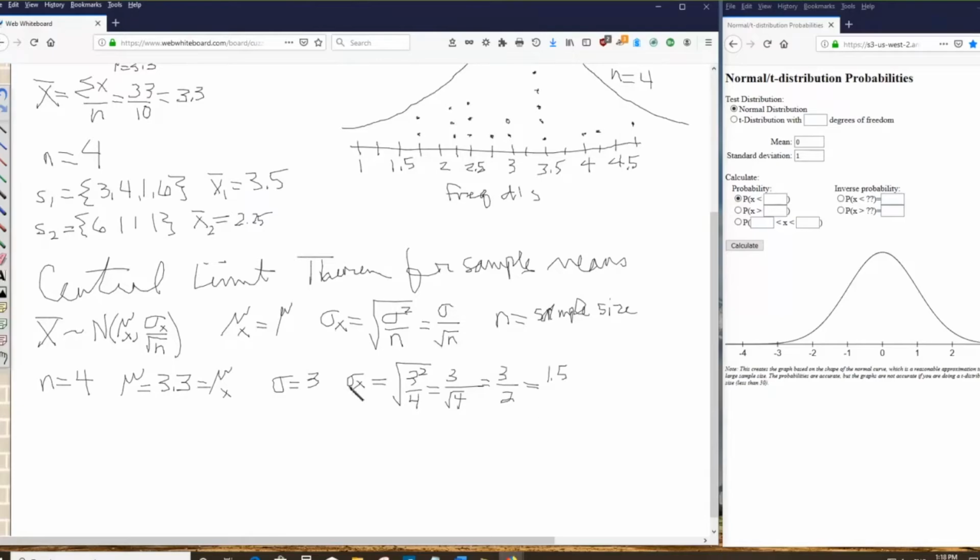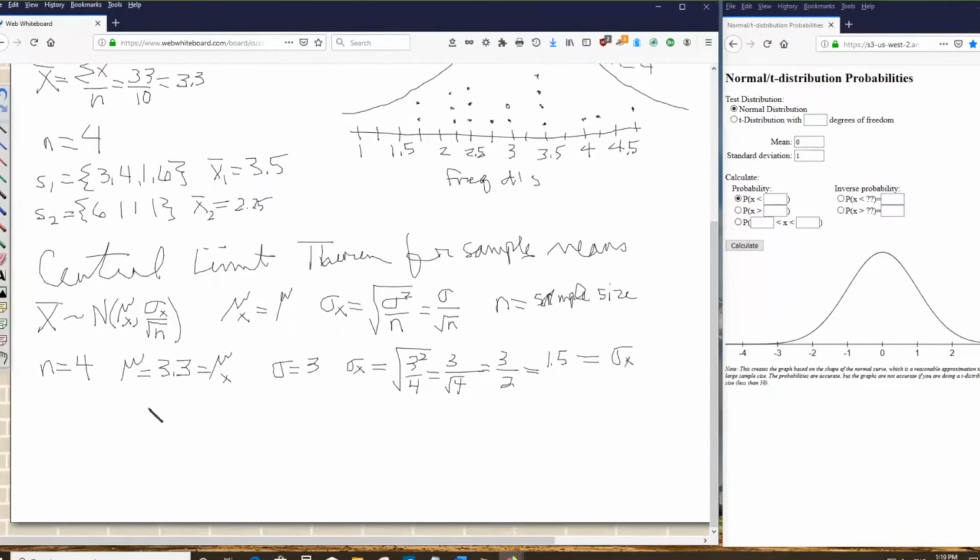Okay, so my standard deviation for the sample mean would be 1.5, the mean would be 3.3, and my n would be 4. Then if I wanted to find a probability, I would just use the normal distribution probabilities online calculator.